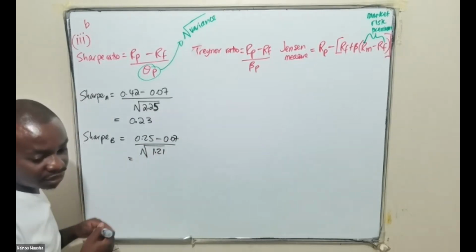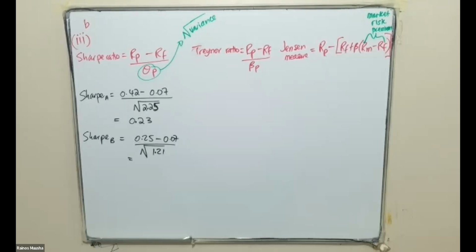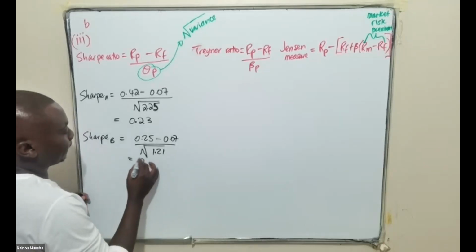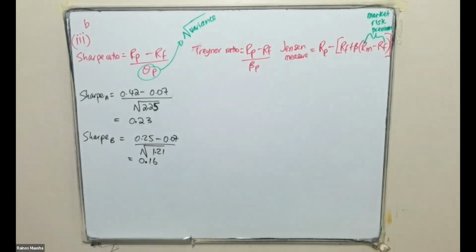So given this information, how much would be your Sharpe ratio for portfolio B? 0.16. Are we all getting the same amounts?